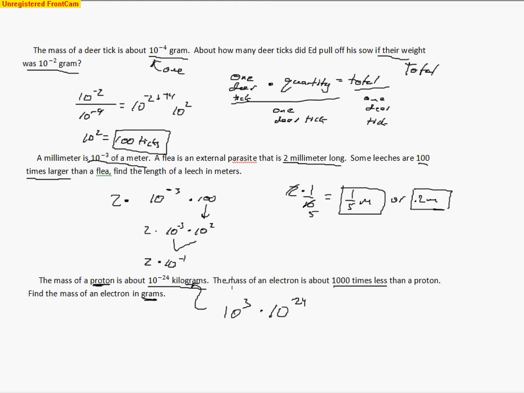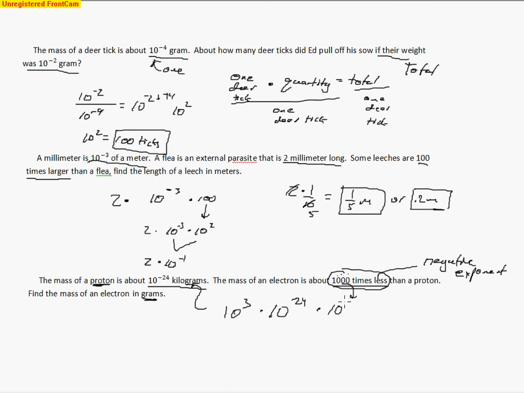Now it says the mass of an electron is 1,000 times less. Less means that we're going to use negative exponents. If it said more, then we'd use positive ones, but less means negative. So I'm going to change 1,000 to a power of 10, and the way I do that is just count the zeros. 1, 2, 3.